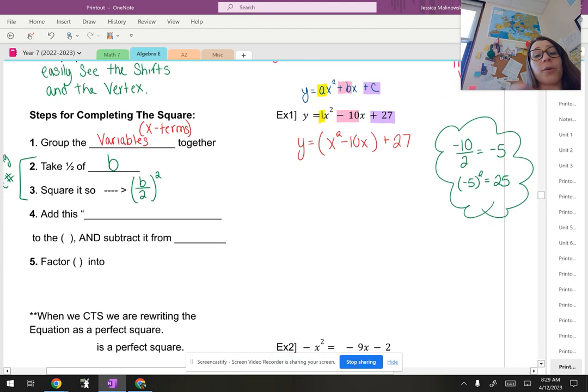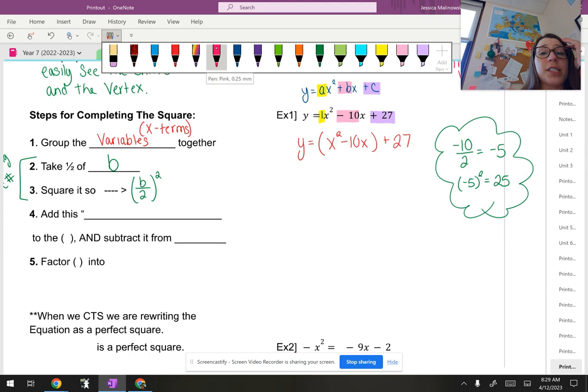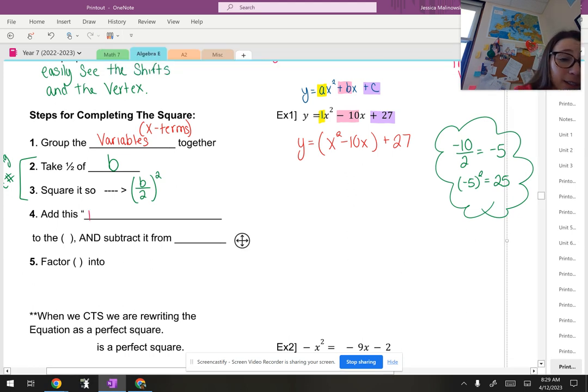Okay, magic number found. Next step is you're going to take that magic number that you just found and add it to the parentheses. I guess I was intending to write out the word number. That's why I gave myself so much room.